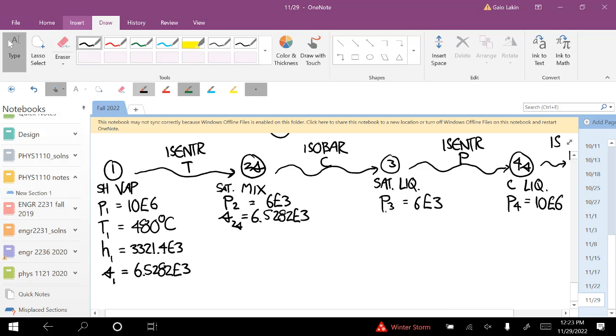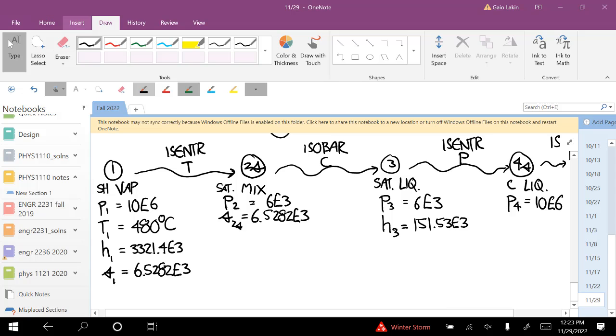Okay, a saturated liquid. So going to state 3, a saturated liquid at a pressure of 6 times 10 to the 3rd, we can just look up H3, which is 151.53 times 10 to the 3rd.